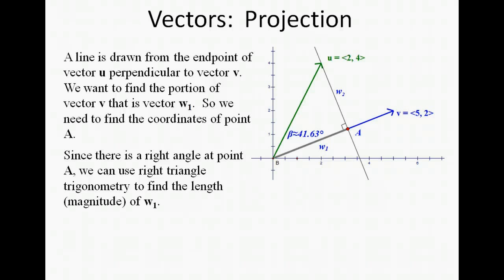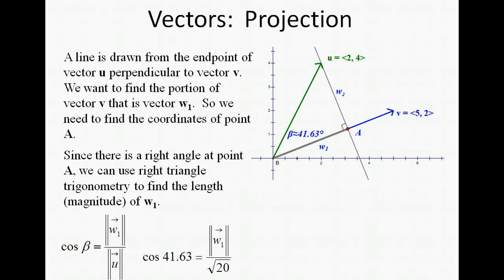So we also have the length of vector u, which is this magnitude. So we can use the cosine of angle beta, which is going to be the adjacent over the hypotenuse, where the adjacent side is vector w1 and the hypotenuse is vector u. We know two parts of that, so we can plug in and solve for vector w1's length.